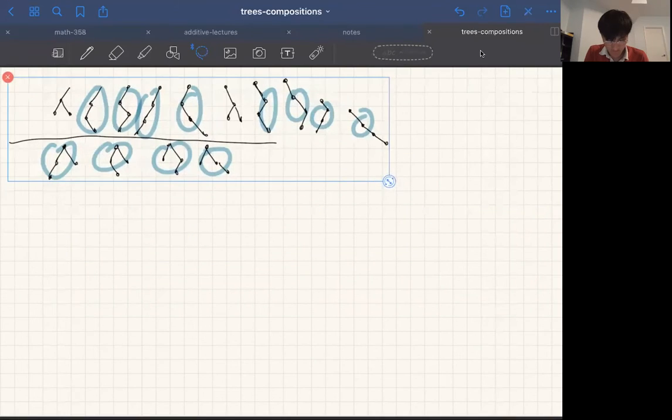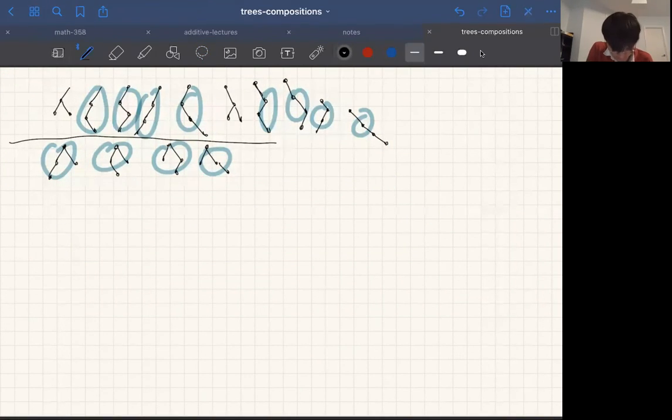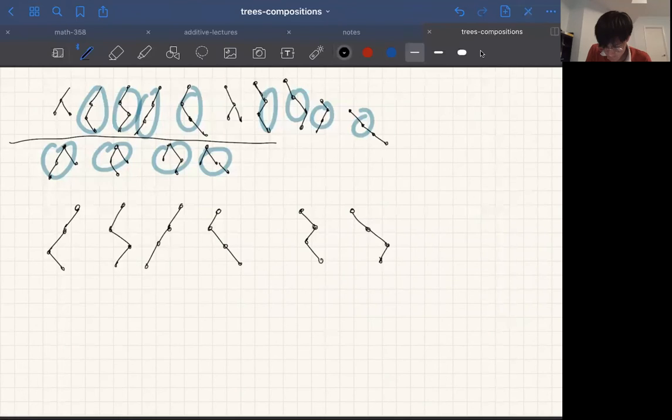Okay, so n equals 4. Well, I guess I'll have to redraw them, but at least I can redraw them here while looking at them. This, okay, and then there's this one.